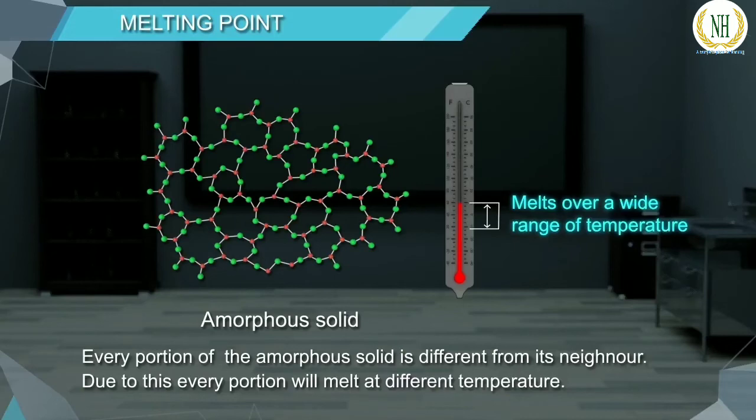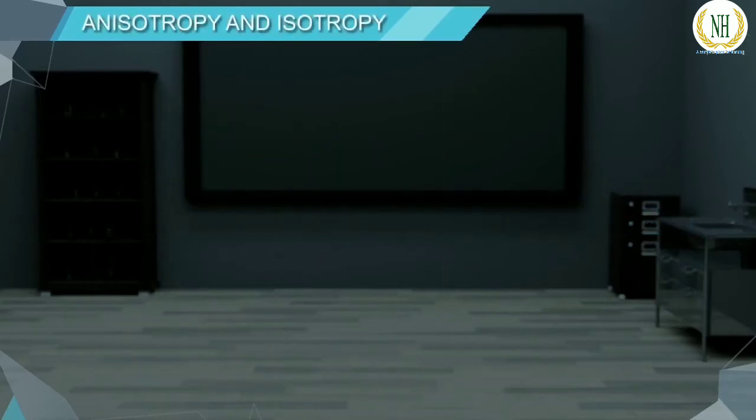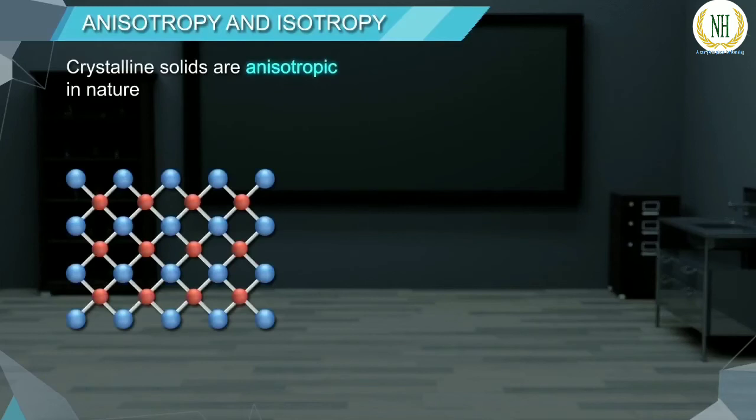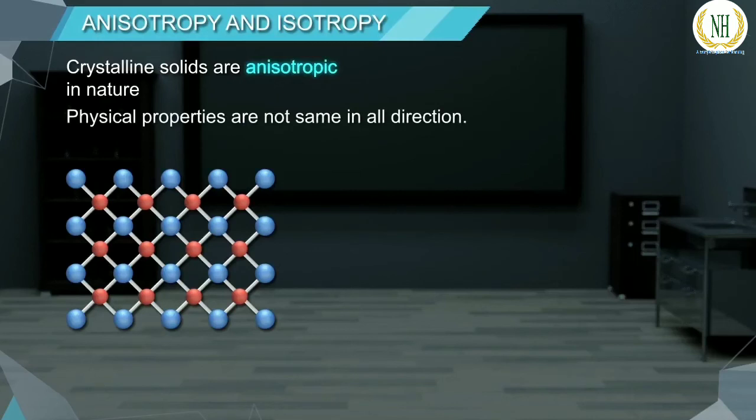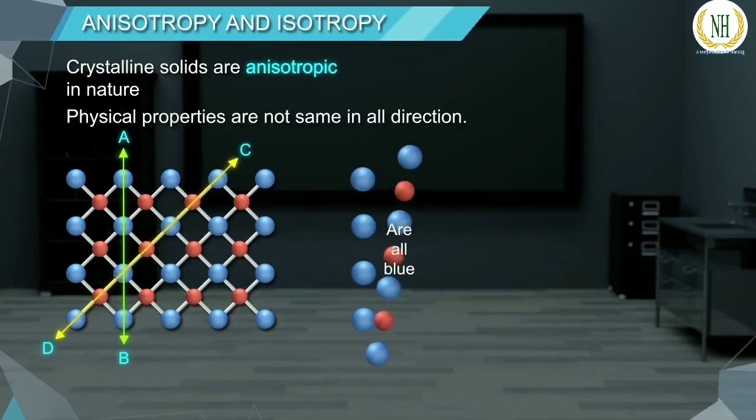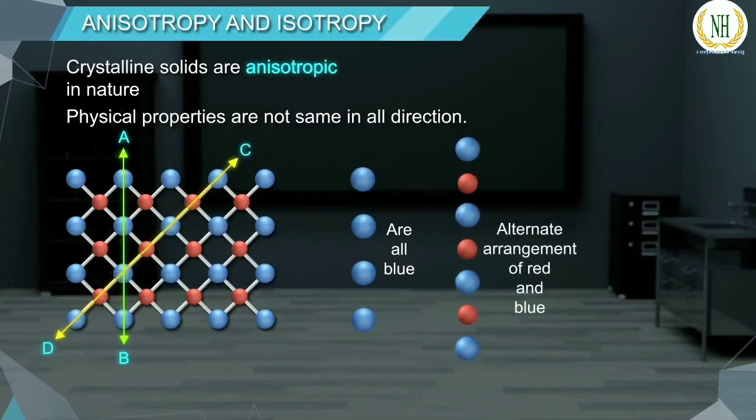The second difference is anisotropy and isotropy. Crystalline solids are anisotropic in nature. It means that physical properties are not the same in all directions. If we consider this particular direction, the particles are all blue. If we consider this direction, we have an alternate arrangement of red and blue.